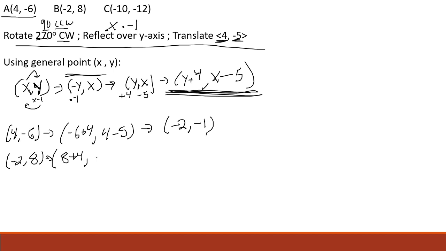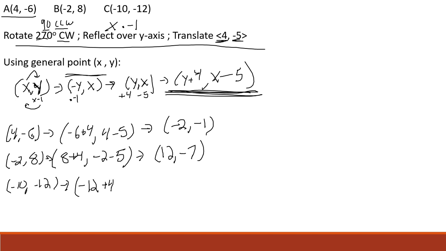X value minus 5, so -2 minus 5. And we get 12 comma -7. And then same thing for C to finish it out here. We get y value plus 4, x value minus 5, and we end up with -8 comma -15. And those are our 3 points.